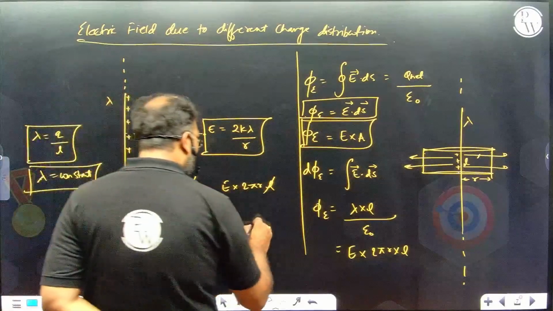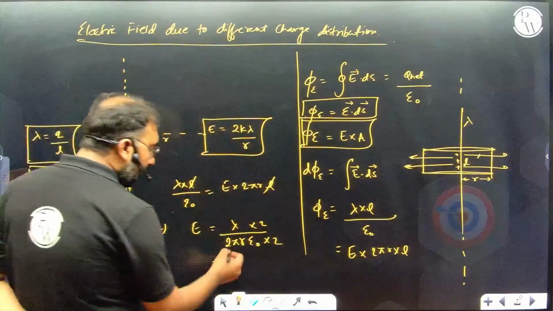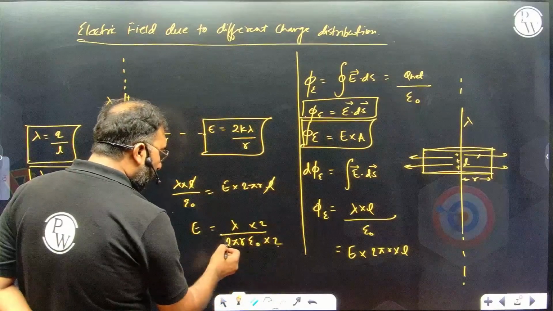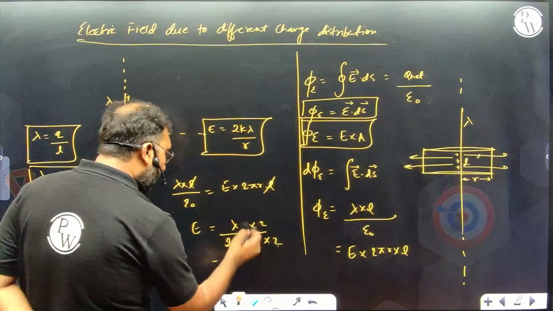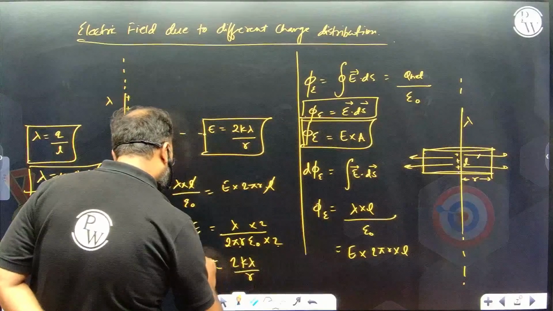Just multiplying it with 2 in numerator and denominator, I can see that this becomes 4 pi epsilon naught, that is k. So 2k lambda by r. So this is the expression that we have got.